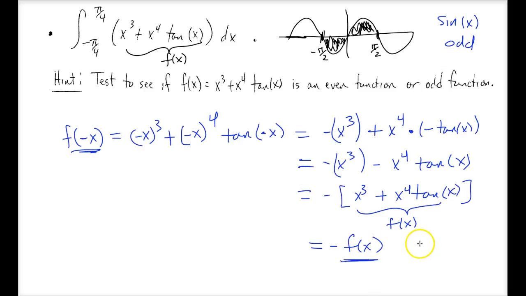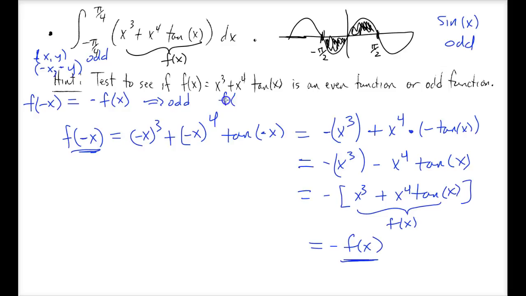So that lets us know that our function is odd, because anytime we replace negative x for a function and we end up with the negative of the original function, or put another way, if we have some point x, y on our graph and we replace with negative x, we also have a point negative x, negative y on the graph. If it's odd, then we know that it's an odd function.